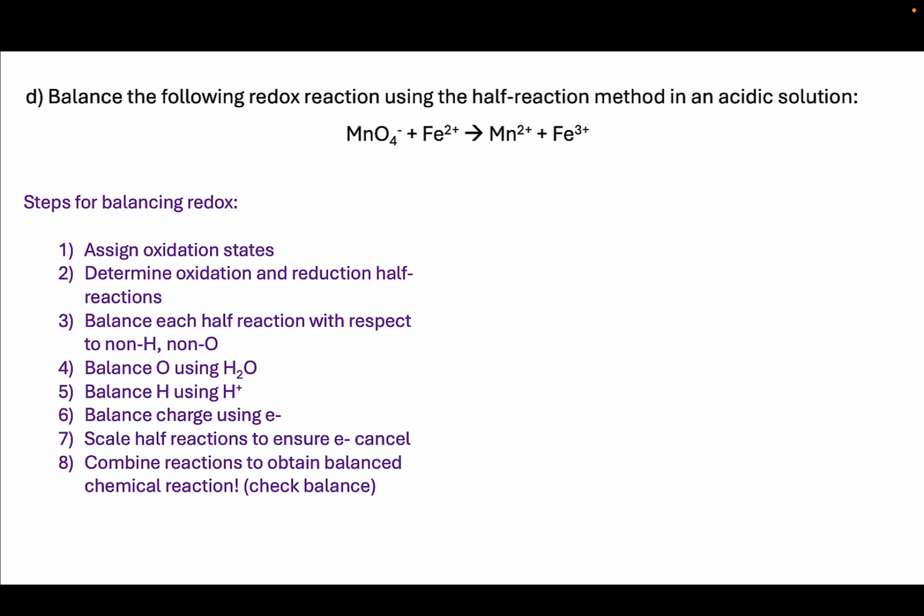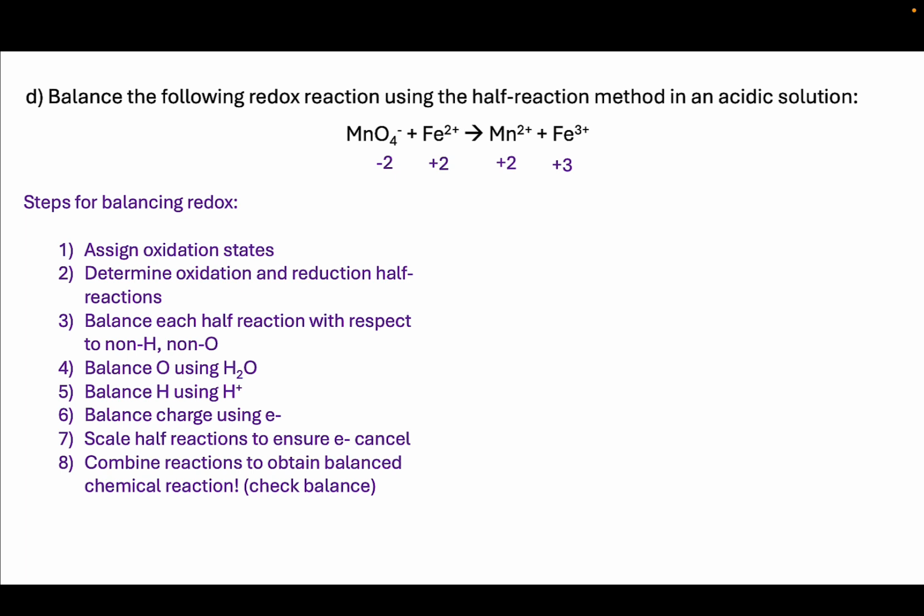The first thing is what we've done before, assign the oxidation states. Let's skip the manganese for now because it's a little bit more complicated, but the iron here is pretty clearly +2, manganese on the product side is +2, and iron on the product side is +3. And going back to the permanganate, oxygen likes to be -2 in a compound. If oxygen is -2 and there's 4 of them, altogether that's -8.